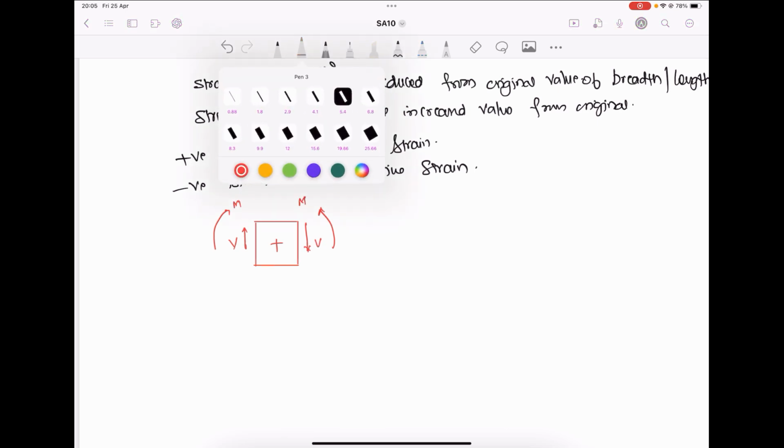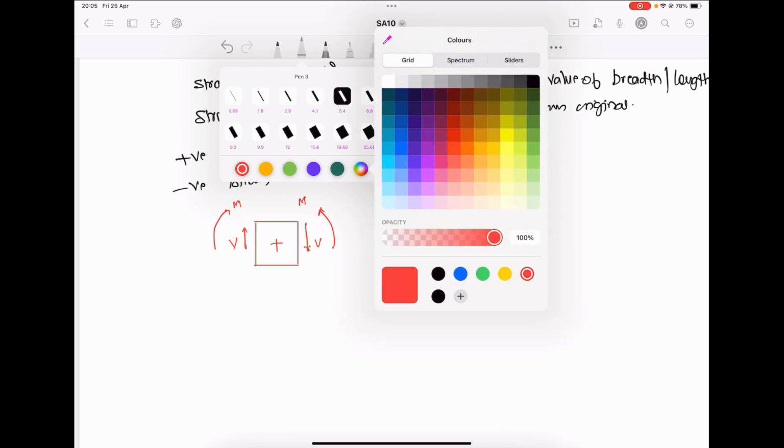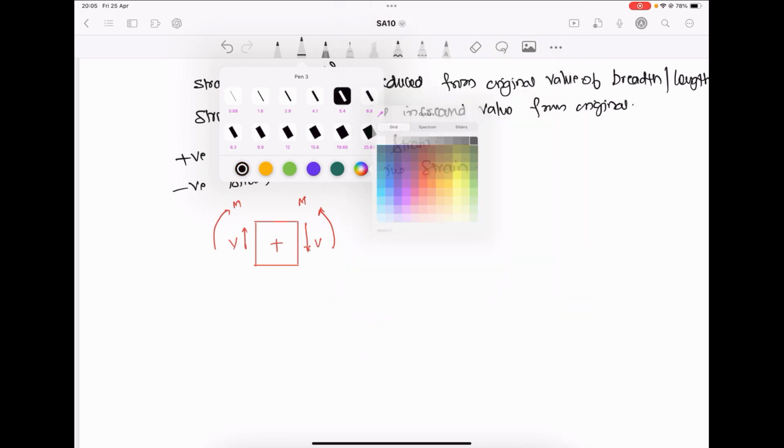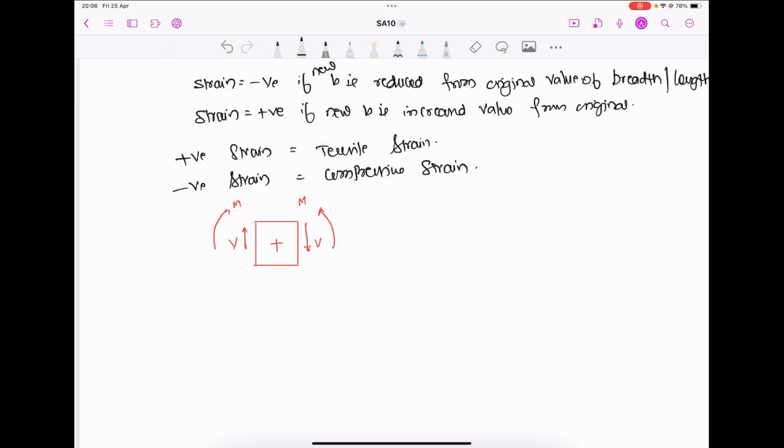And what is negative? Negative is when shear force acts like this, opposite to whatever we have assumed initially.